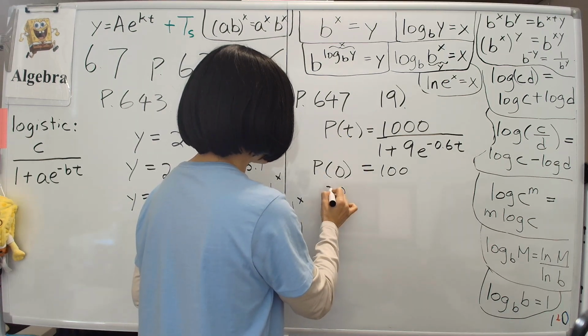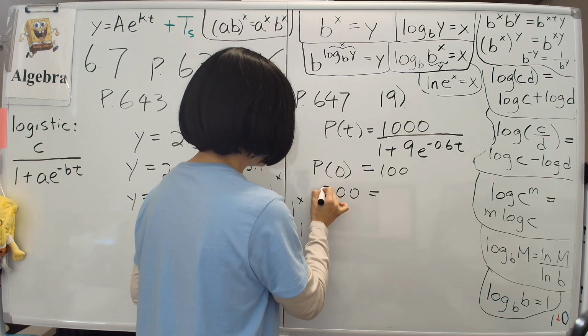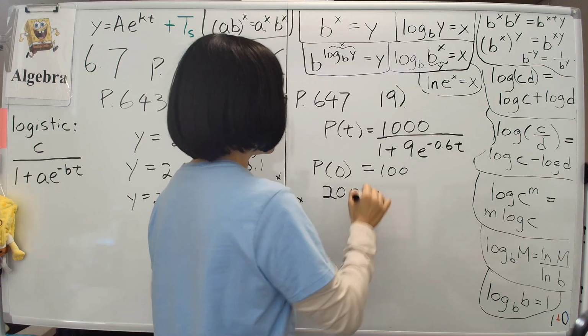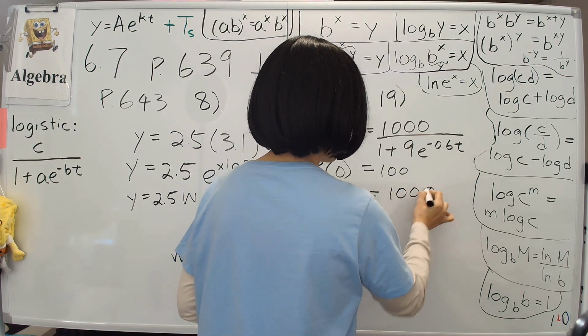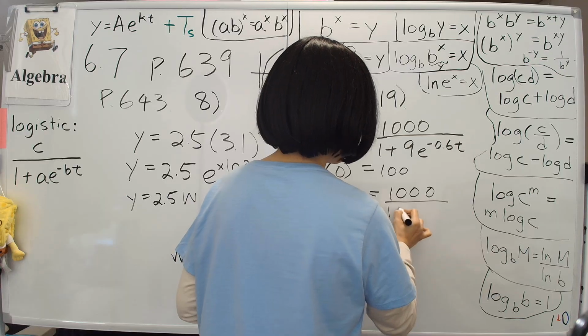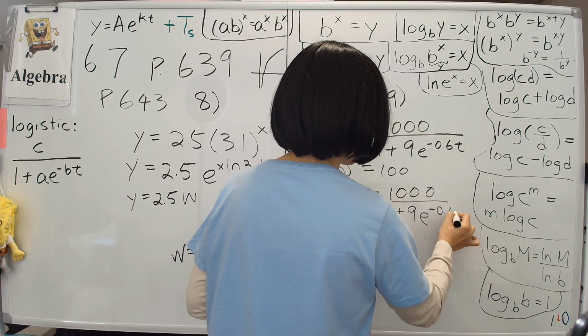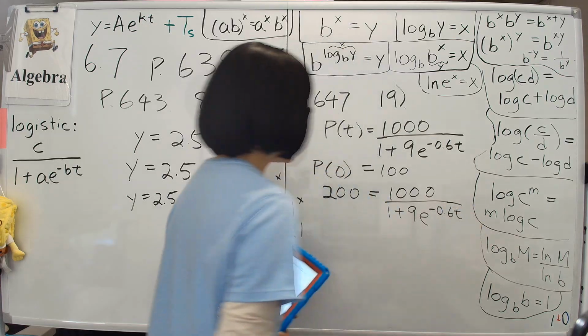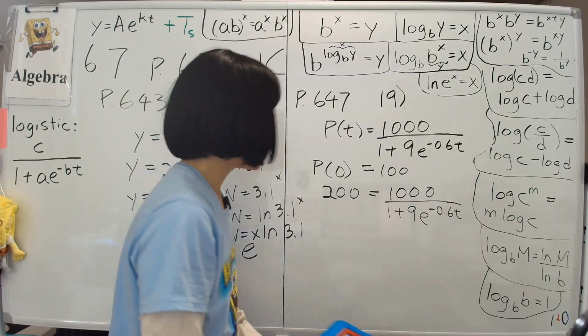If we have 200 fish, and then what would t be? That would be 200 equals 1,000 divided by 1 plus 9 e to the power minus 0.6 t. Now we just have to solve for t, and then we know how much time has gone by to double.